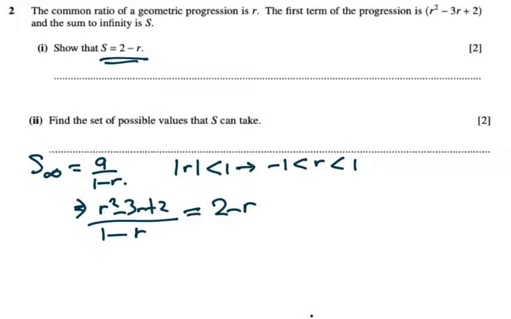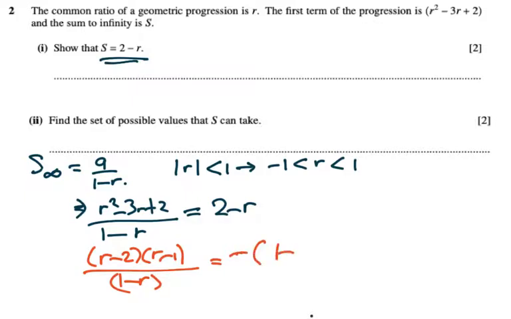That's R minus 2 and R minus 1 over 1 minus R, which I can write as negative 1 minus R minus 2 over 1 minus R, right?